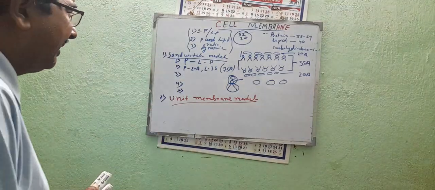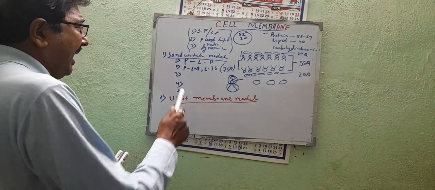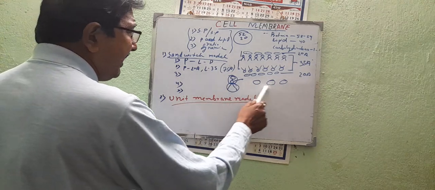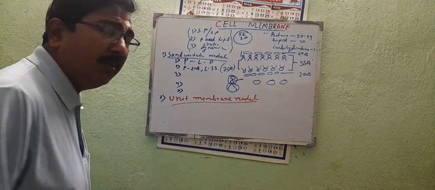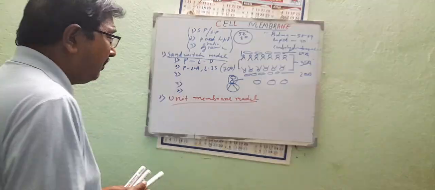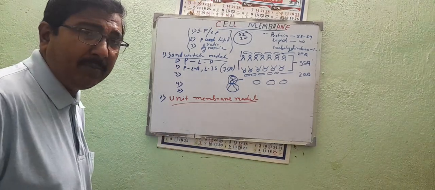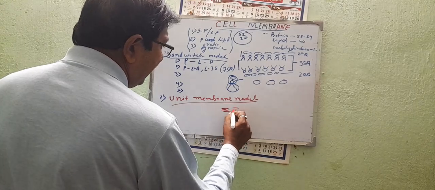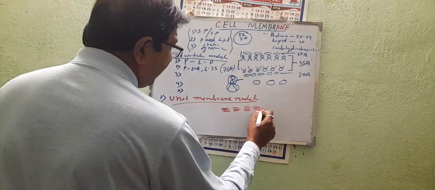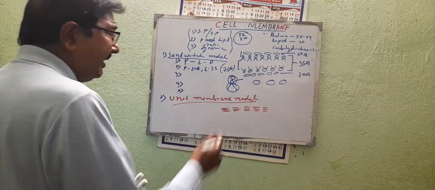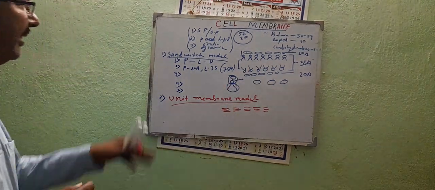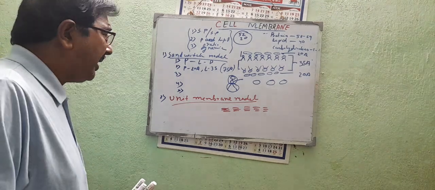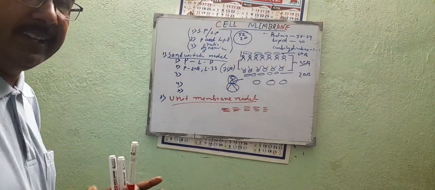Only one difference is there. According to the sandwich model, the protein is alpha globular protein. But according to Robertson's unit membrane model, this protein is fibrous protein, beta fibrous protein. This is the main difference between the sandwich and unit membrane models. Okay students, this is the main difference.